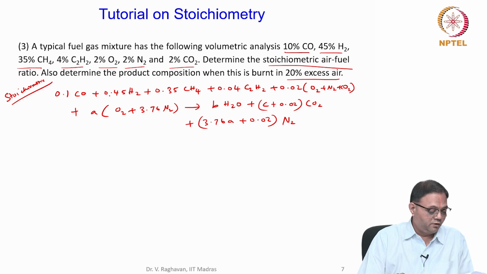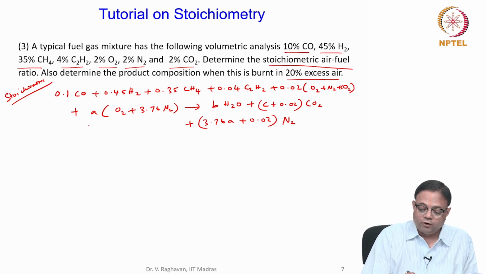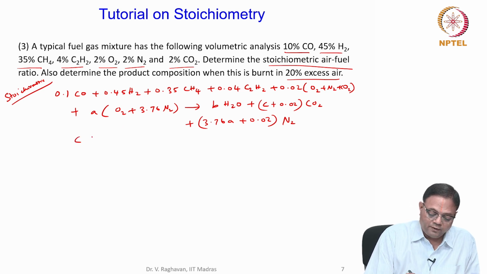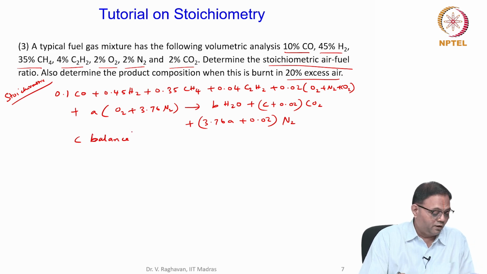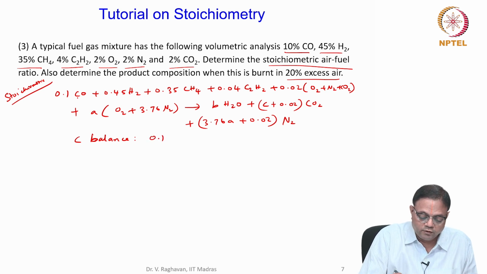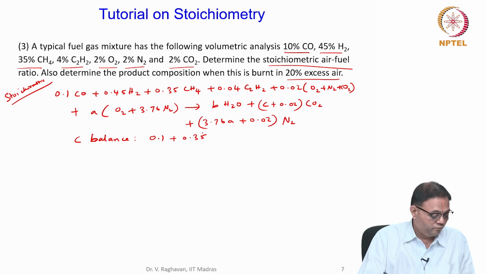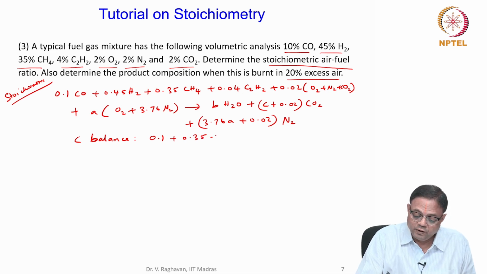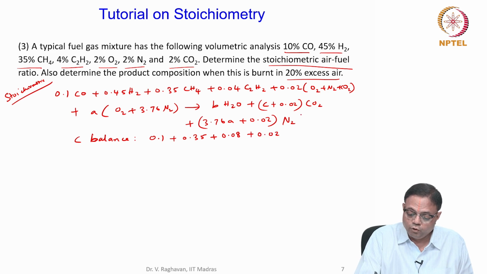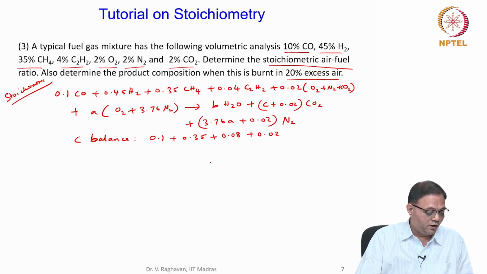So this is the stoichiometric equation. Again, I can calculate the unknowns A, B, C, etc. by using the balances of atoms. So let us do the carbon balance. Left hand side: 0.1 in CO plus 0.35 plus 2 into 0.04 plus 0.02 in this CO2 there.